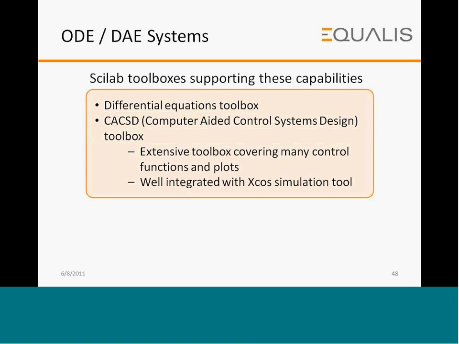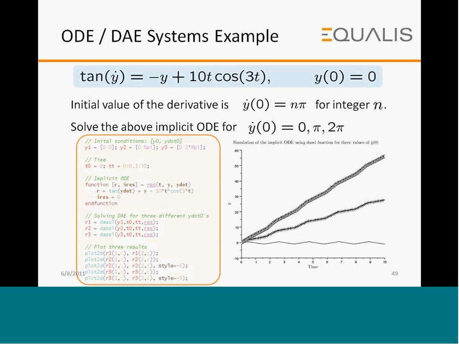To solve differential equations, Scilab has toolboxes to support these capabilities, and they are well integrated with XCOS and computer-aided control systems in that toolbox. Let's take an example problem. dy by dt equal to minus y plus 10t cos 3t, with an initial condition where y is 0 at time 0, and the initial value of the derivative, that is dy by dt at 0, is n pi, where n is 0 or 1 or 2.